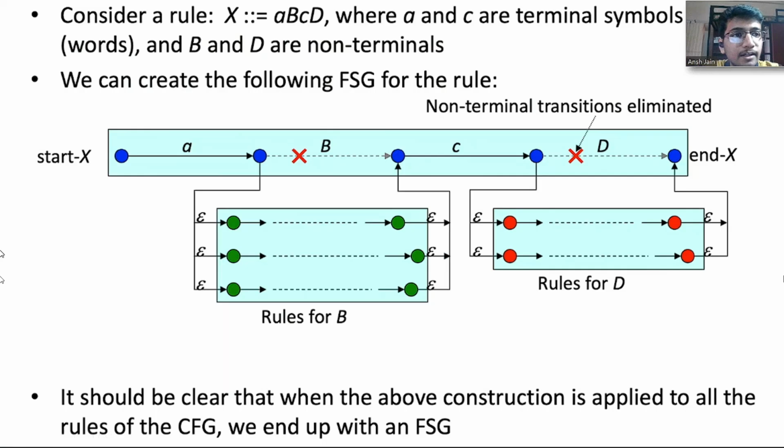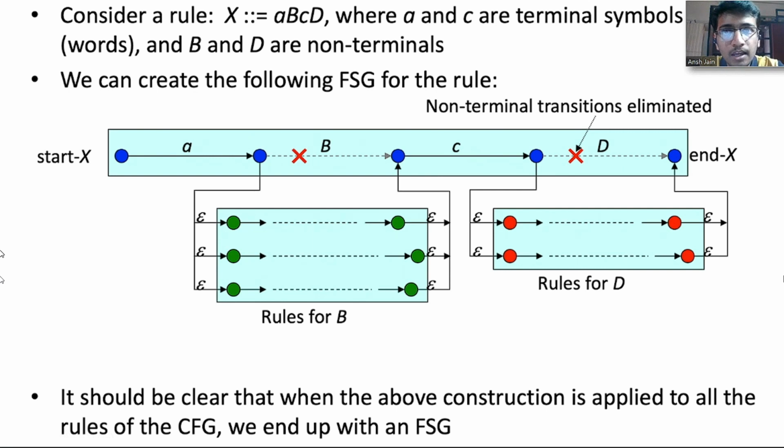So let us understand FSG much better using this production rule. Consider a rule which says that X derives A B C D, where A and C are terminal symbols and B and D are non-terminal symbols. We can create the following FSG for the rule. X, being the starting symbol, produces A, and A, since it is a terminal symbol, cannot produce anything on its own.